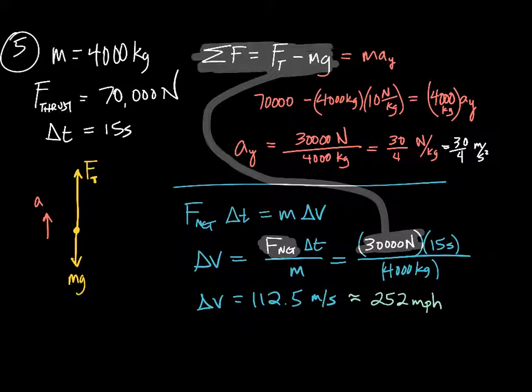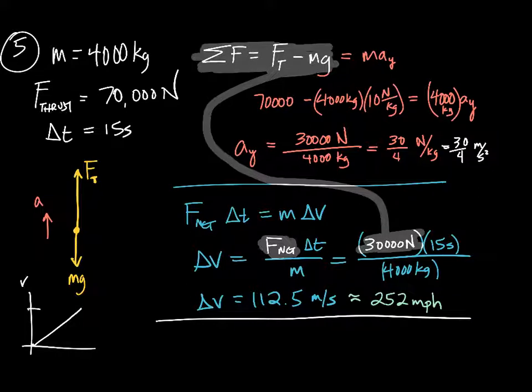We could continue the game here. We could apply the zeroth law theorem, or we just know that we have an increasing speed here. This is going to be a delta y. If I wanted to compute that, I could just use the graphical analysis instead of the zeroth law theorem, but I could use that too. That's going to be half the change in speed times the change in time.